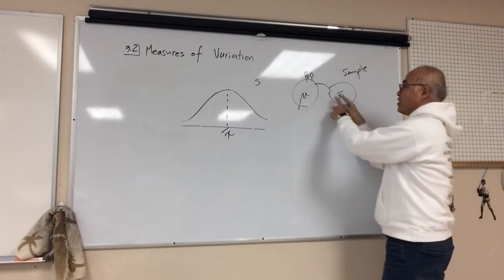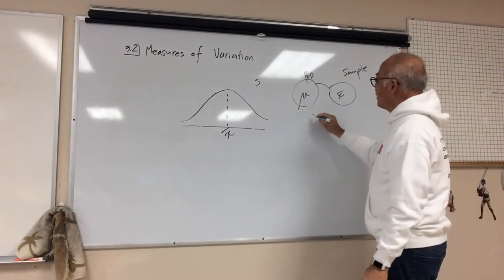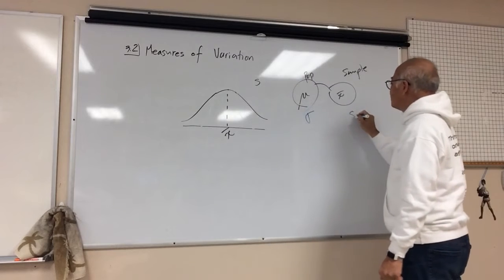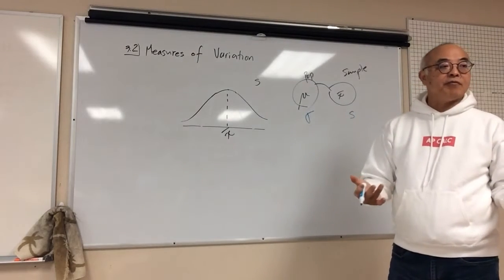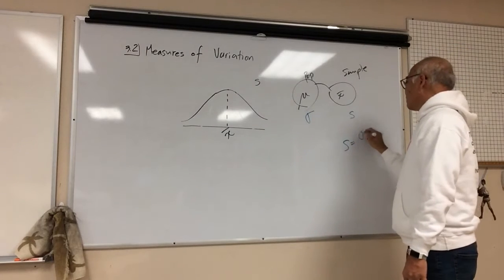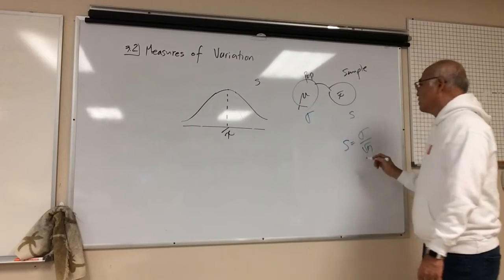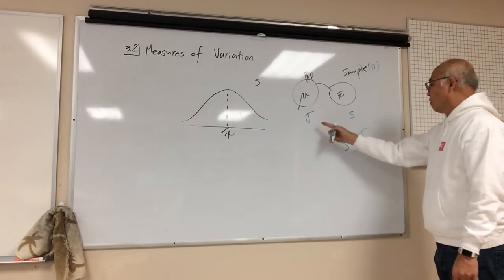In other words, they should be the same. But when I go from here to here, there is a correction factor that I have to make. And we'll talk about this later on, where the sample size is n.